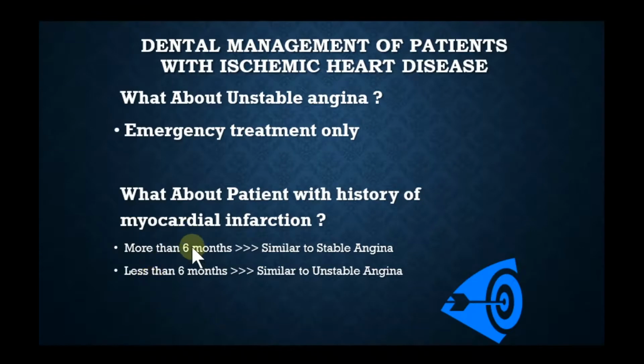Why this? We take this 6-month period between the history of the myocardial infarction and the extent of dental treatment we give because within the last 6 months, with a recent history of myocardial infarction, we have something similar to a target lesion.